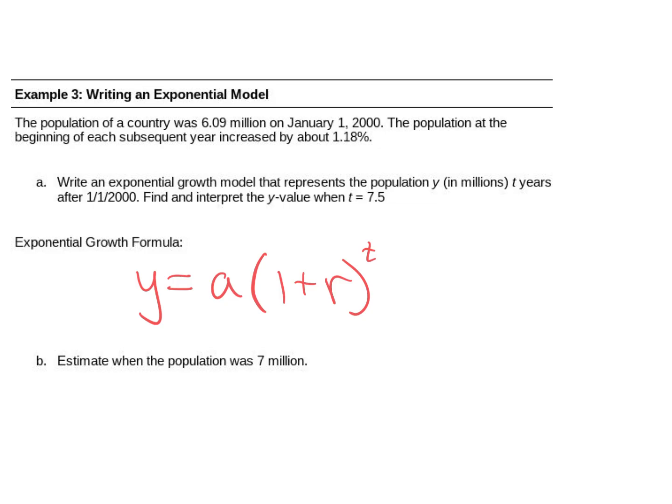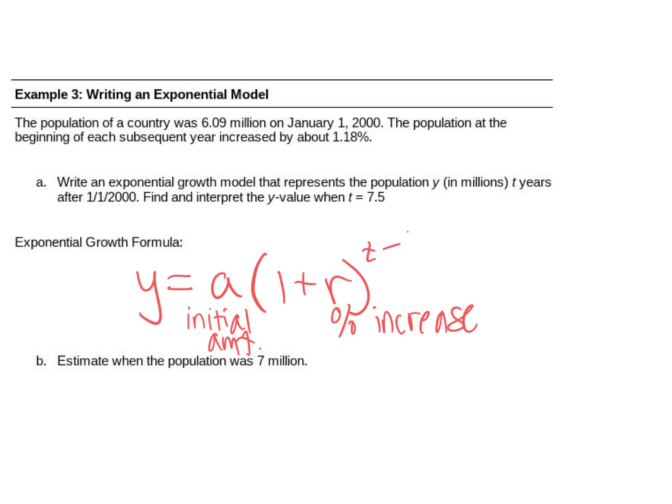Okay, so, yeah, that's the initial amount. That's A. So A is your starting amount, or initial. R is your percent of increase. If it was a decay function, it'd be decrease, and that would be a minus.